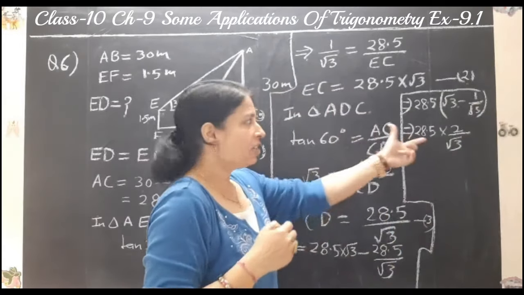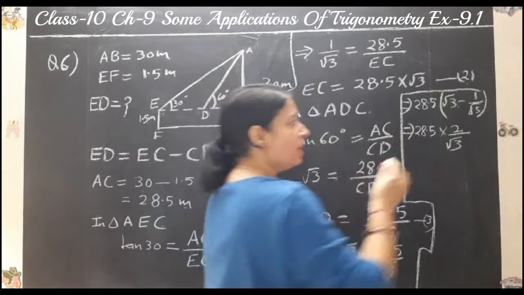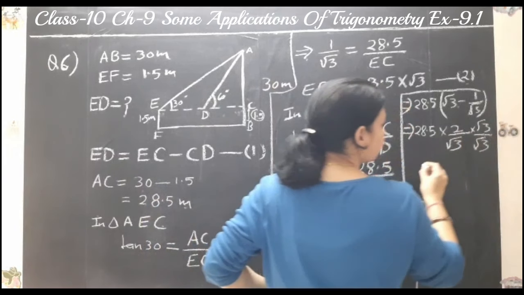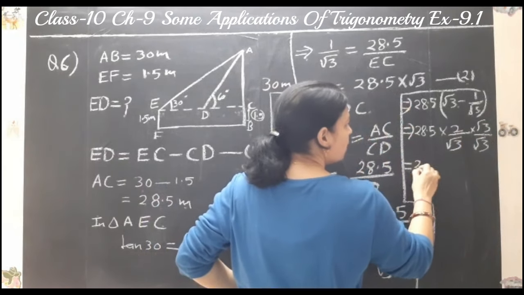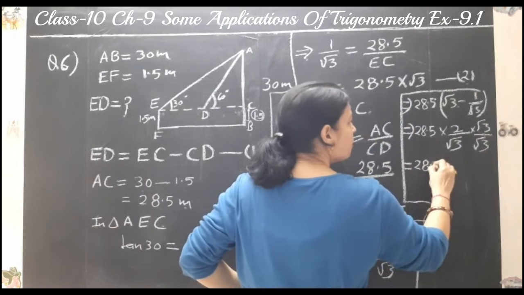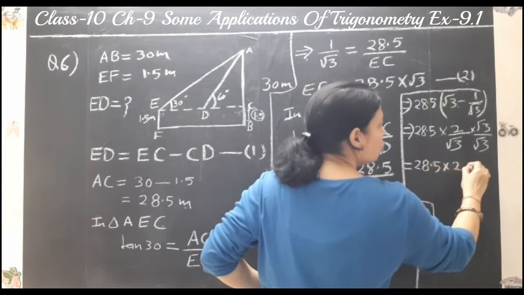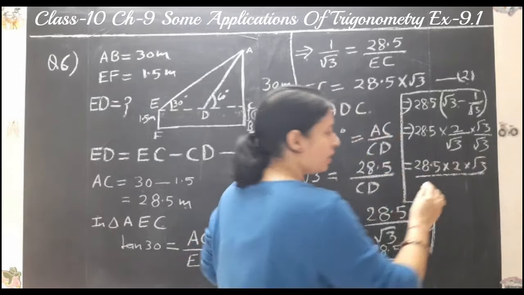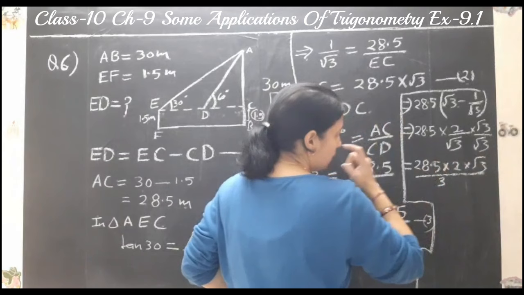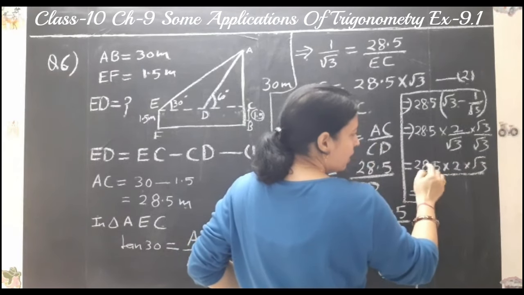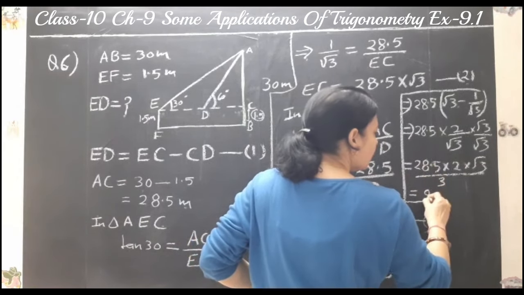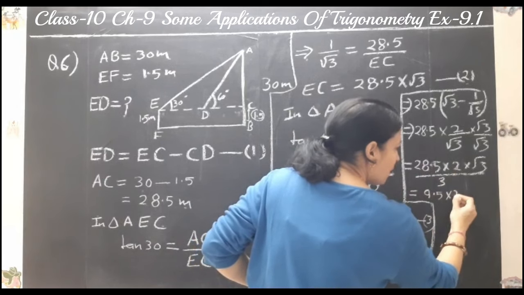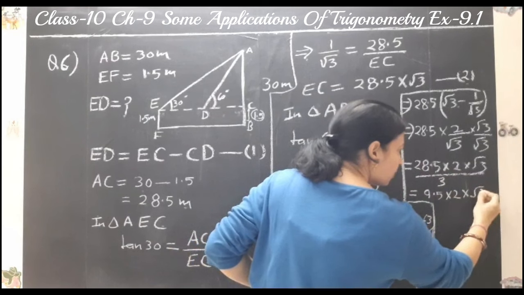So make it in standard form. We have to multiply it by root 3 and divide it by root 3. So it will be 28.5 multiplied by 2 root 3, and root 3 times root 3 will be 3. So divide this by 3. 3 9s are 27. Then 3 5s are 15. So it will be 9.5 multiplied by 2 root 3.